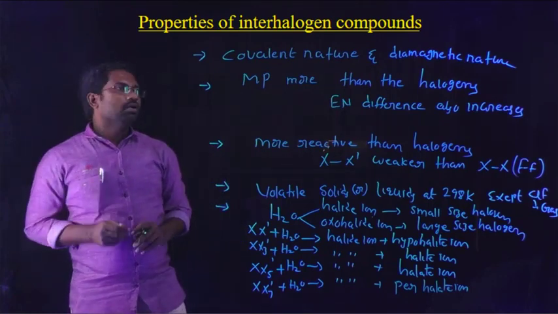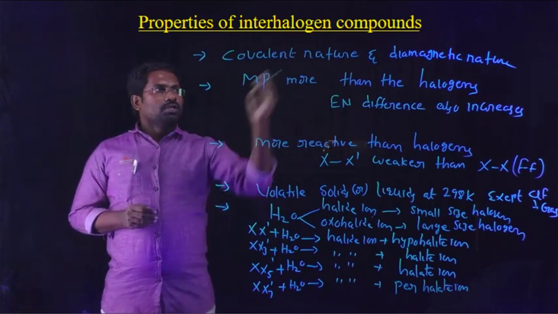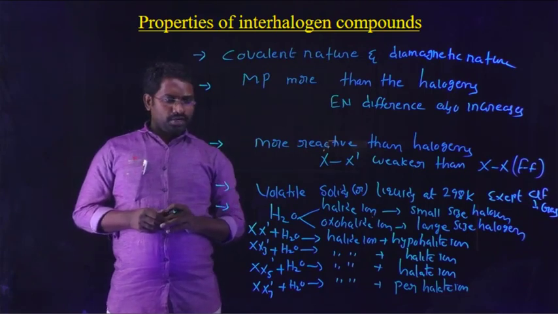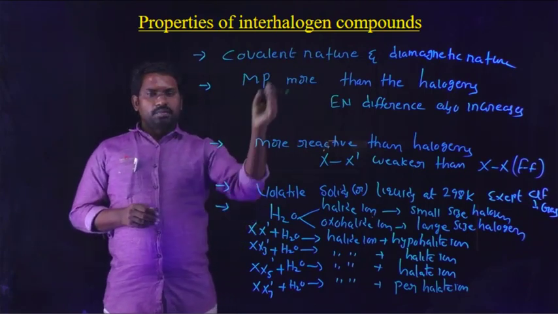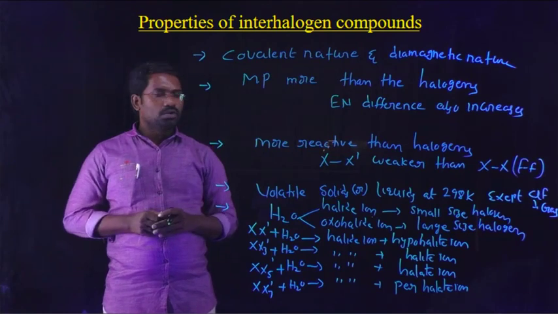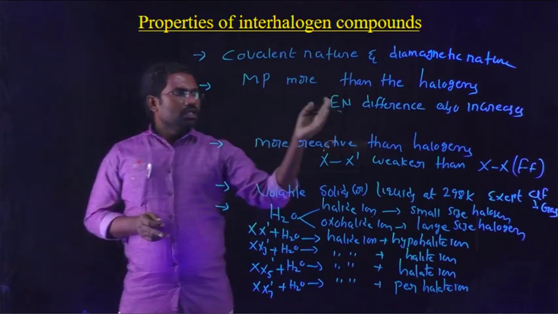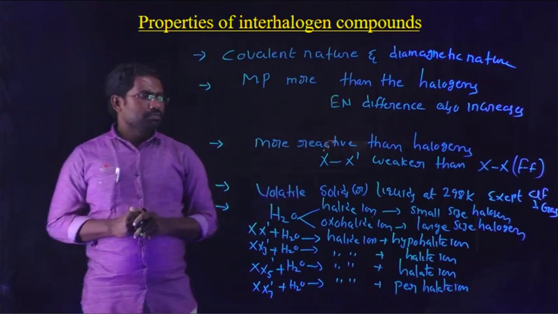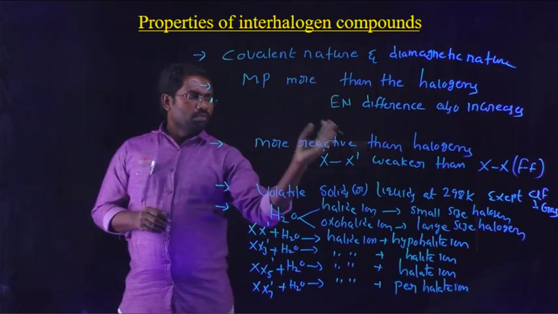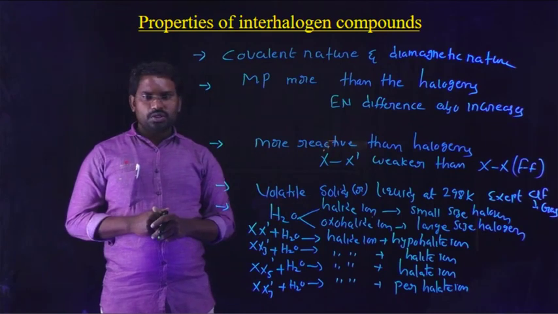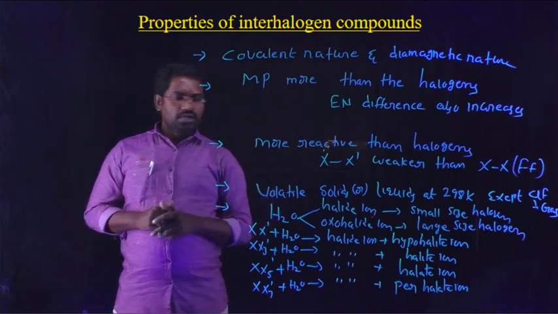So what are they? First, interhalogen compounds are covalent in nature, having diamagnetic nature. Their melting points are more than the halogens, and also increase with increasing electronegativity difference. They are more reactive than the halogens because the XX' bond is weaker.